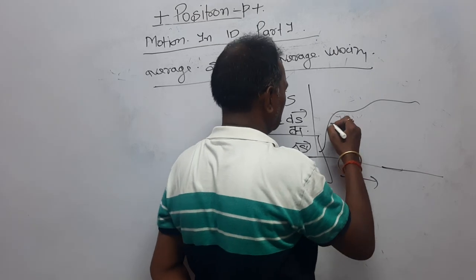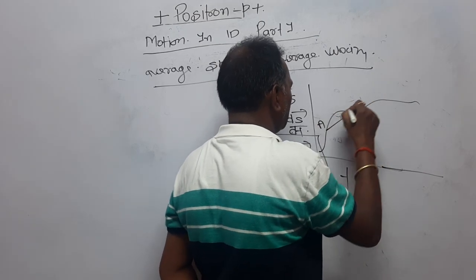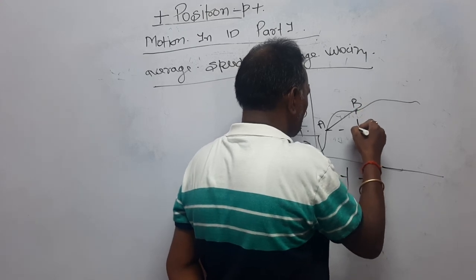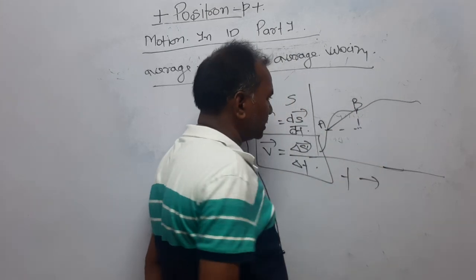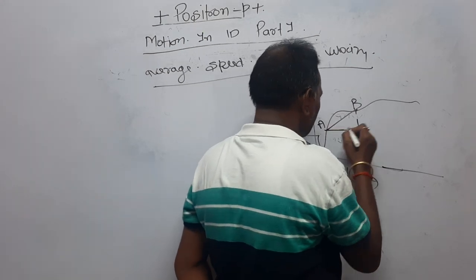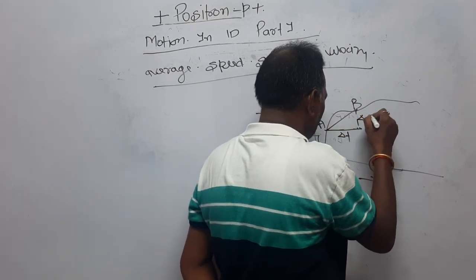Dear students, what is it? Let a body move from A to B, right? From A and B, draw lines parallel to the x and y axis. Then this is delta t and this is delta s.